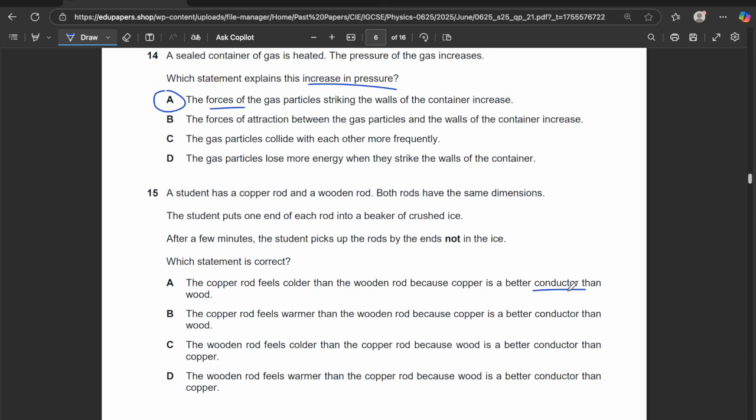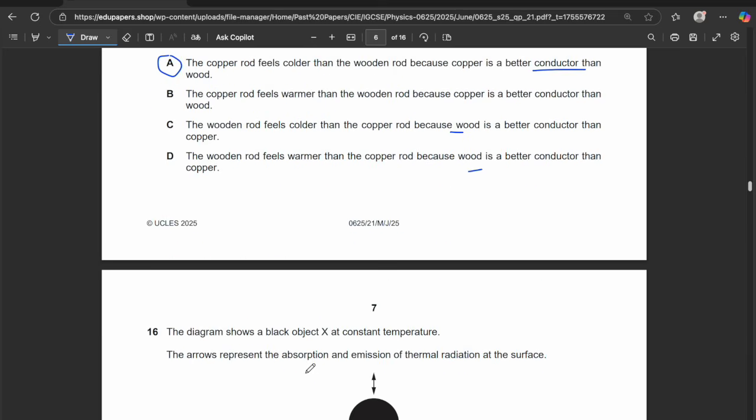So if it's a better conductor, then it will get heat from you faster and you will feel colder. So A is the correct answer. And copper rod will not feel warmer. And these two statements both say wood is a better conductor, which is clearly wrong. So A.